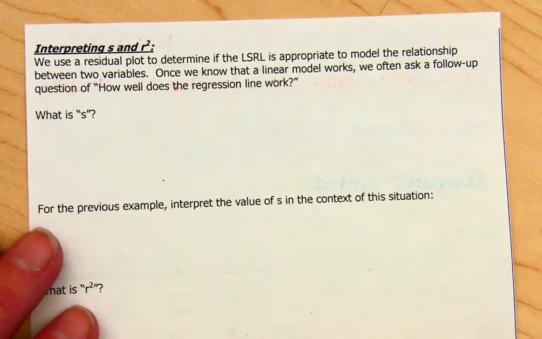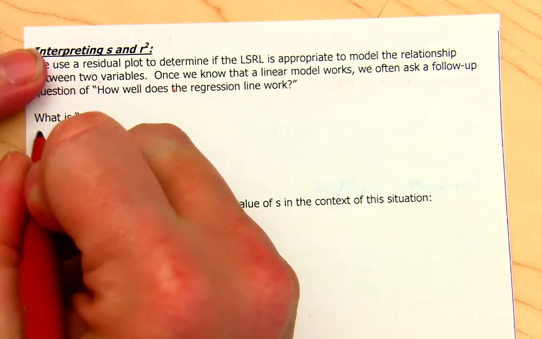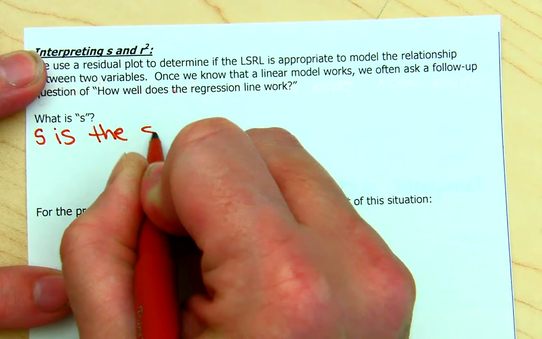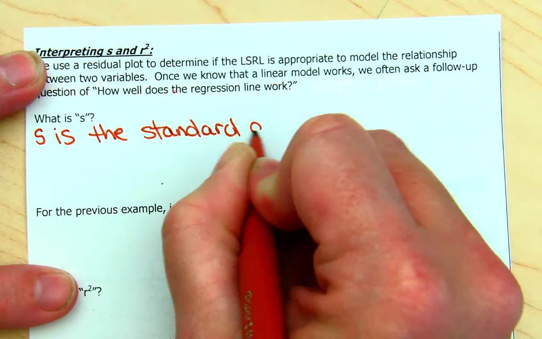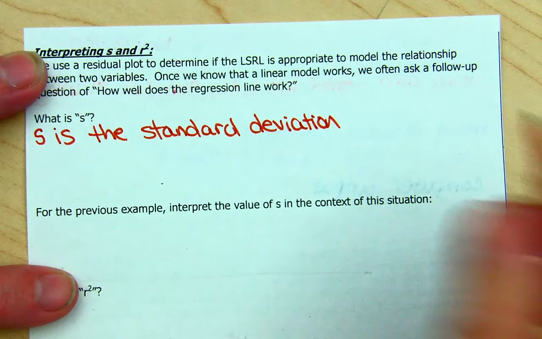So now we have these values of S and R squared. So these are two new values that we haven't talked about before, but we're going to be seeing those in computer output. So when we're looking at these, this value of S is the standard deviation of the residuals.